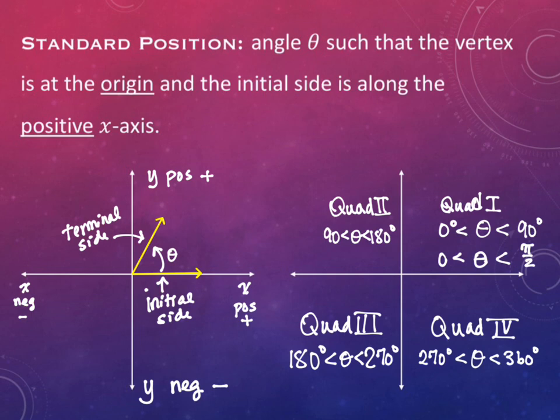That's the radian measure. Then if we go over to quadrant 2, we go between pi halves and pi. Down here in quadrant 3, we are between pi and 3 pi over 2. And over here in quadrant 4, between 3 pi over 2 and 2 pi.